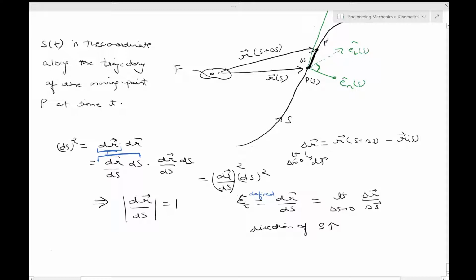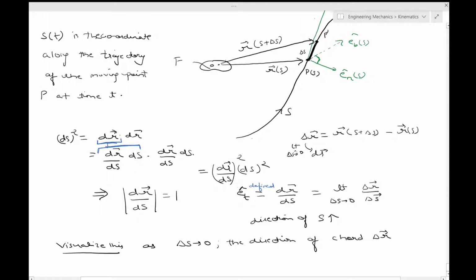And this is also physically, you can see this, or visually perhaps, that's the more correct word. Visualize this. As delta S tends to 0, the direction of chord delta R becomes a tangent.